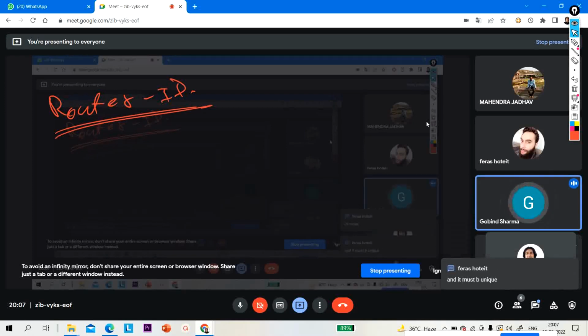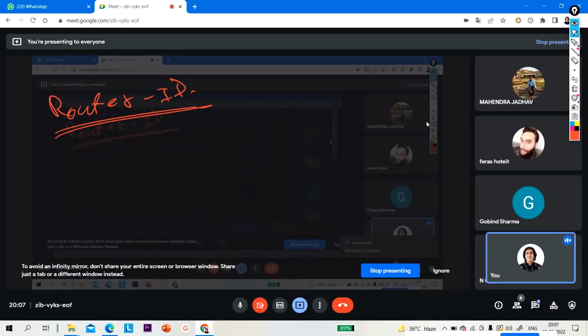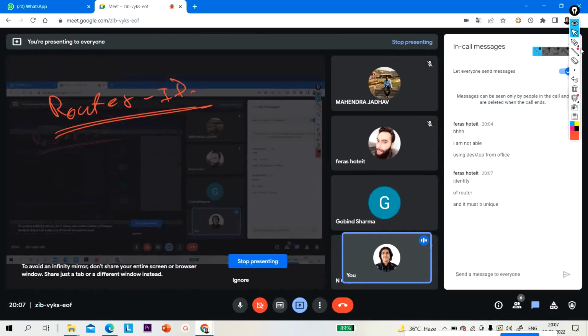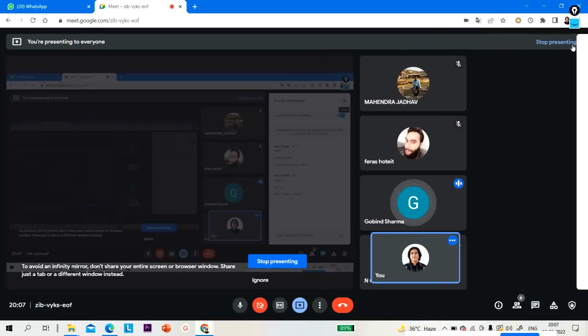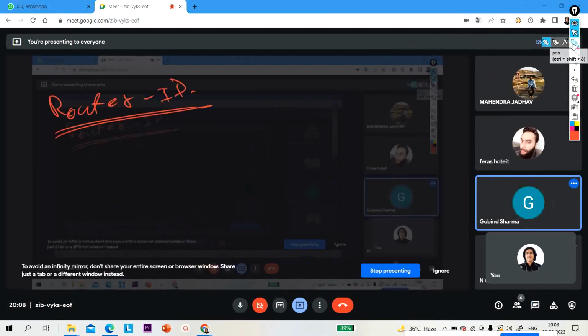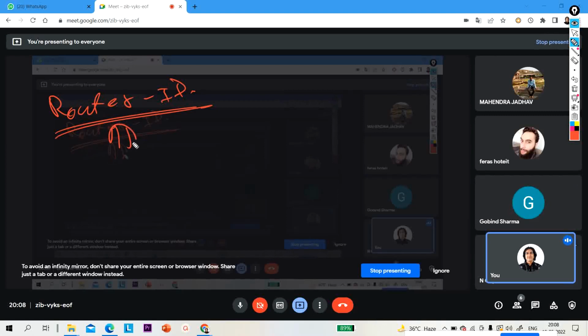Router ID is basically used to identify the OSPF router. Firaz is saying that it must be unique. Okay, it must be unique, but what is router ID? To identify the OSPF router. Yes, so it is the identification of the router in OSPF, like your name. Like your name is Gobin, your name is Firaz.